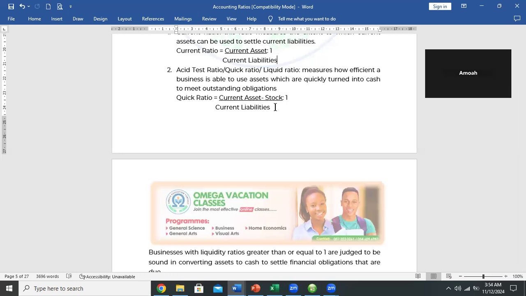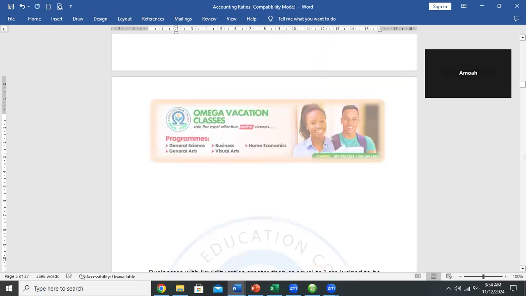Now let me do this, dear professors. You remember our current assets, right? On the face of our balance sheet, our current assets are stock, debtors, then we come to the prepayments, the expenses prepaid, then the income accrued, before we look at bank, and finally cash.